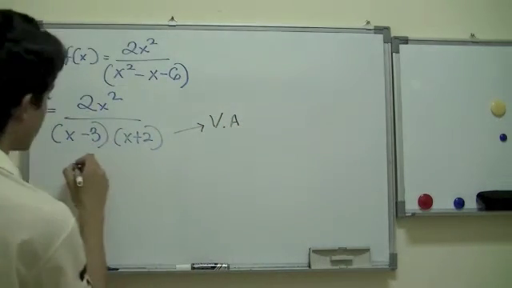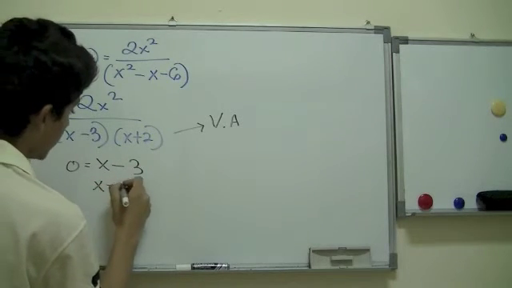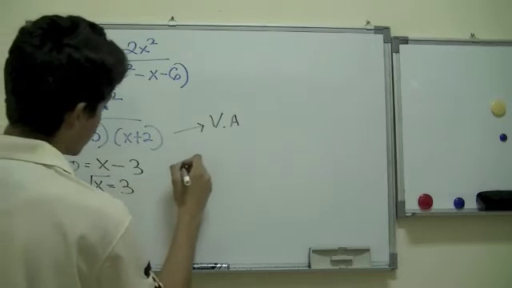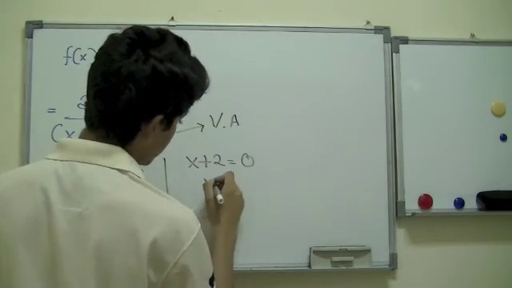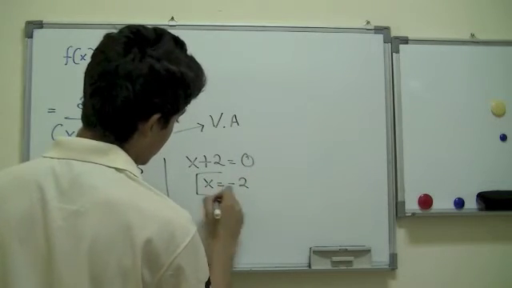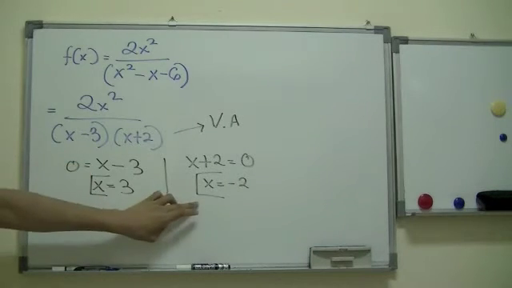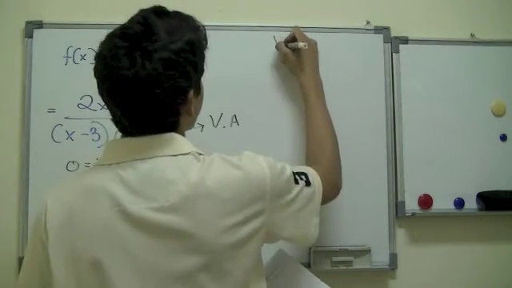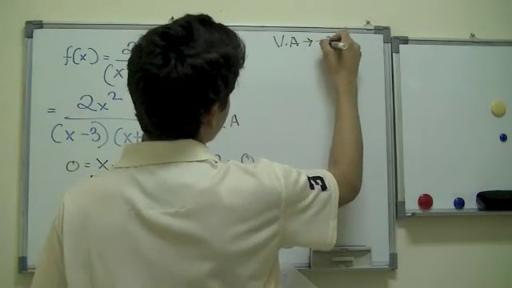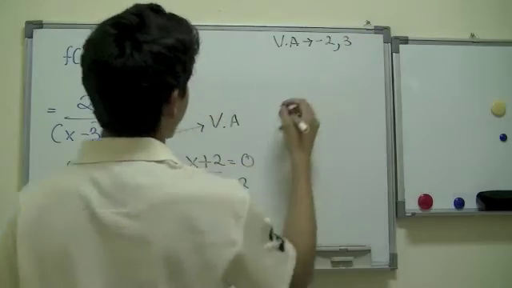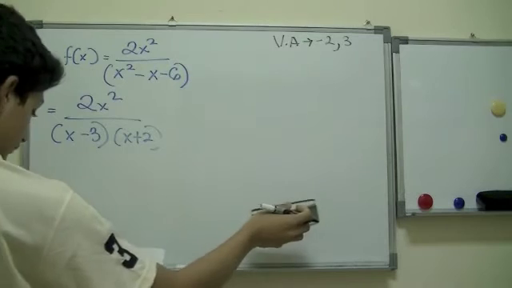Well, you set each factor equal to 0. For x minus 3, x would be 3. For x plus 2, x can take on negative 2. So the vertical asymptotes for this function are x equals 3 and x equals negative 2. Now let's identify the horizontal asymptote.